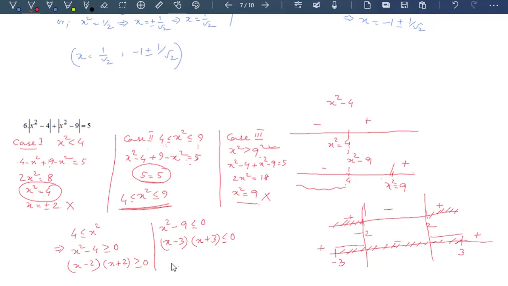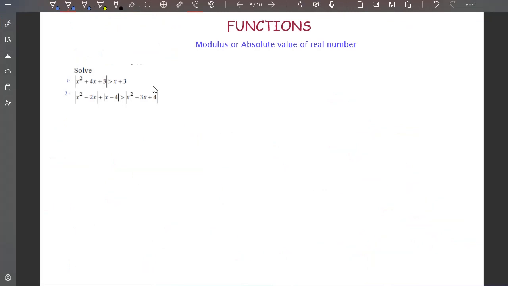So the solution will be all the x lying between minus 3 to minus 2, or all the x lying between 2 to 3. So the solution is minus 3 to minus 2, both values included, and 2 to 3.